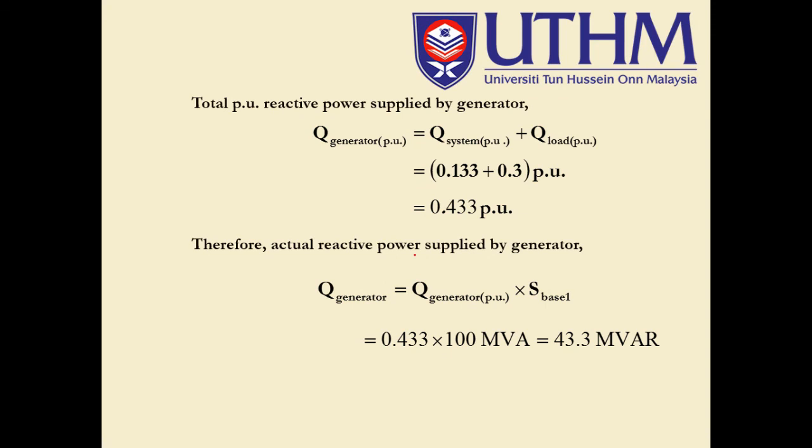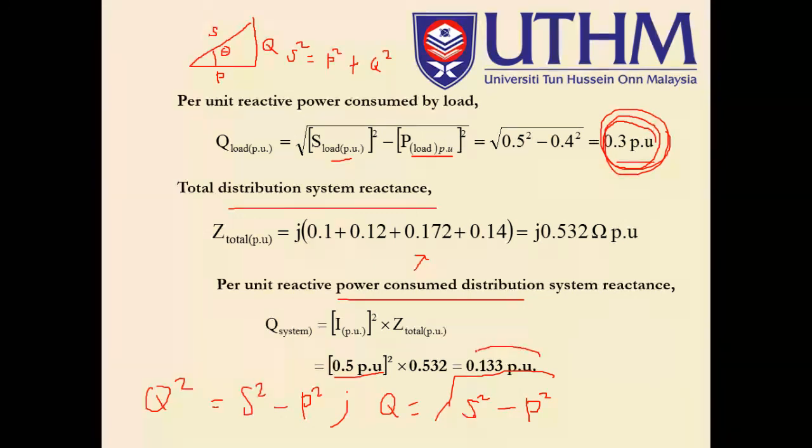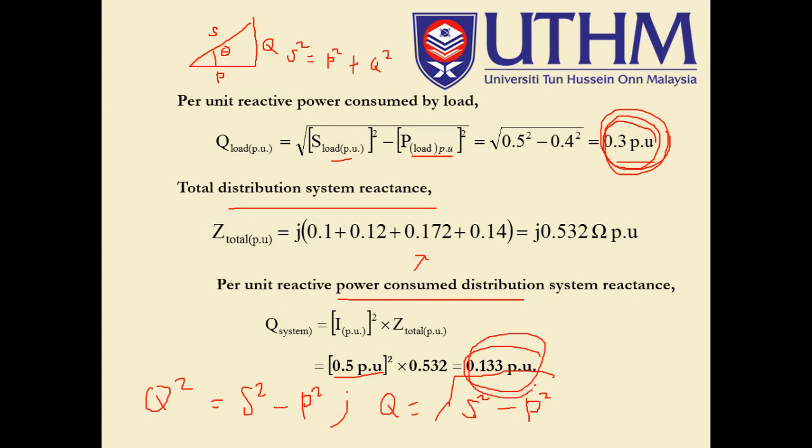So what about the generator? The total reactive power PU supplied by the generator is Q system plus Q load PU. We have seen the Q load PU is 0.3 PU, and we also have the Q system, for the overall Q according to the Z total.